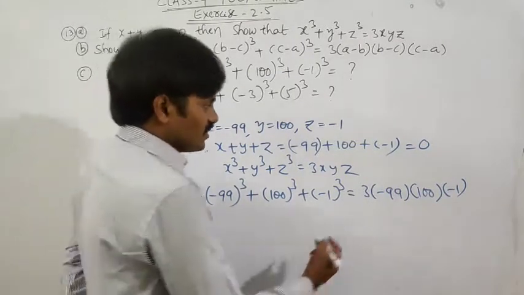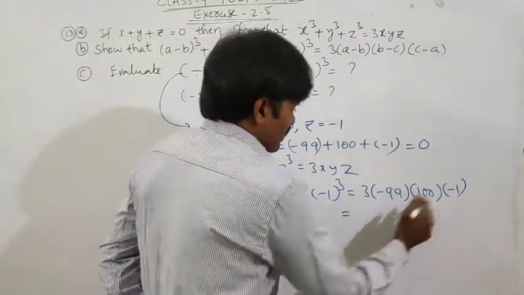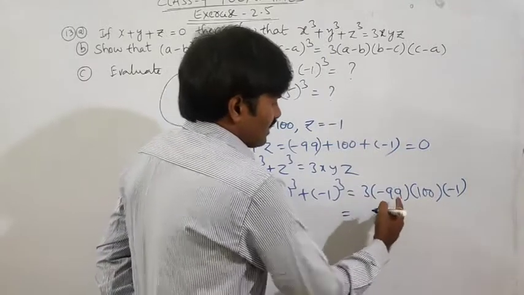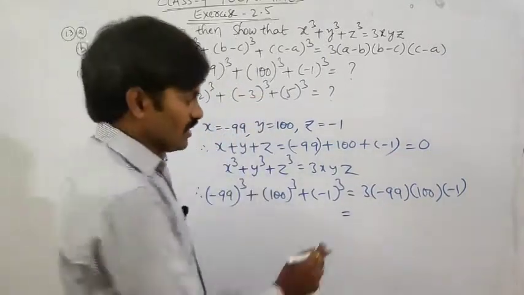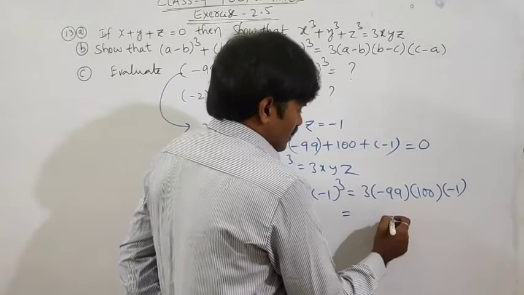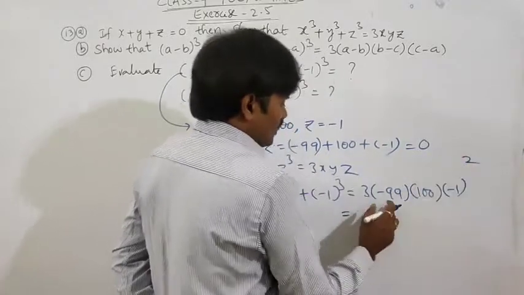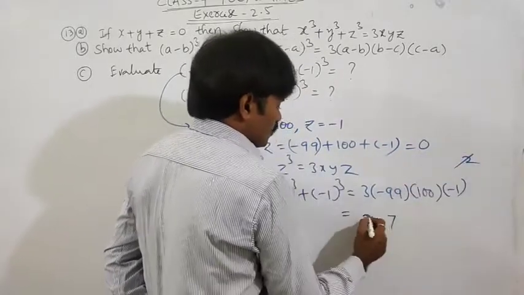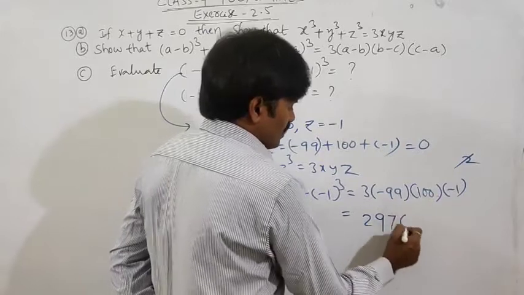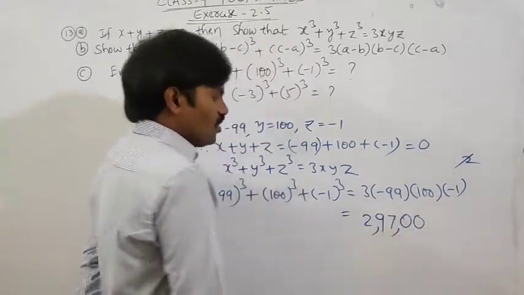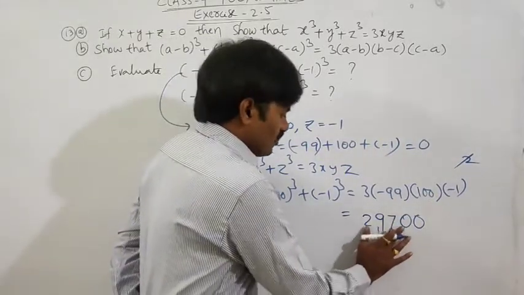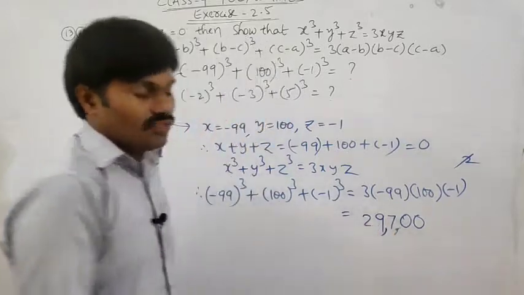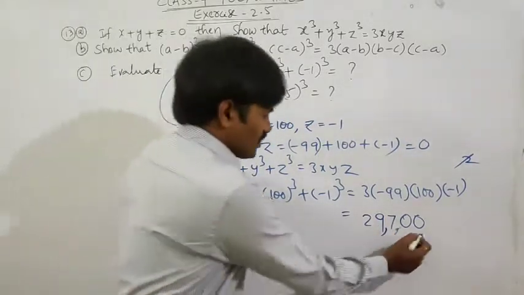So if you multiply, minus into minus is plus, 3 nines are 27, 27 plus 2 is 29, so 297. How many zeros are here? 2 zeros. So sorry, 29,700 is the answer.